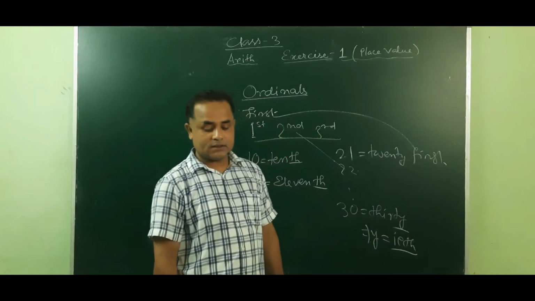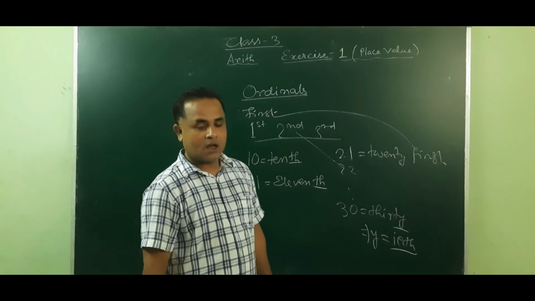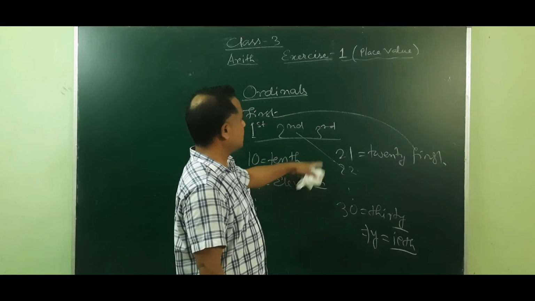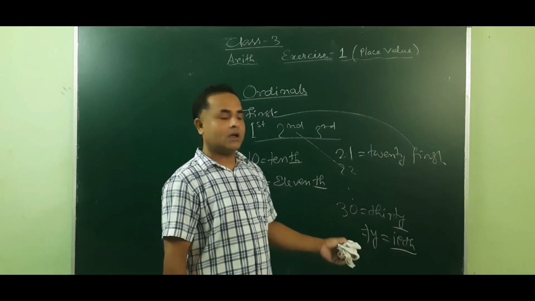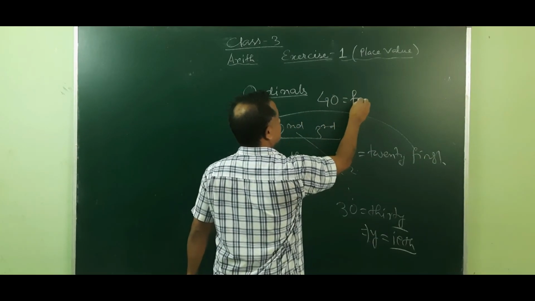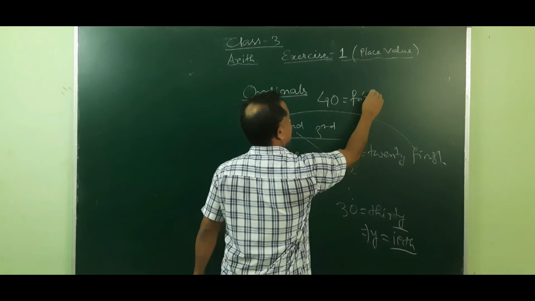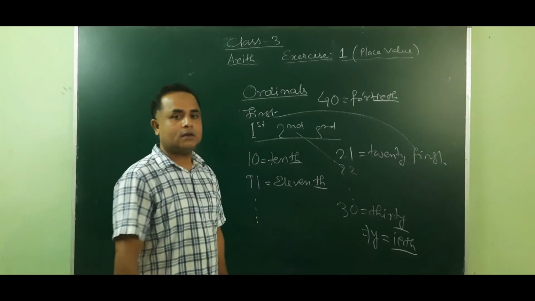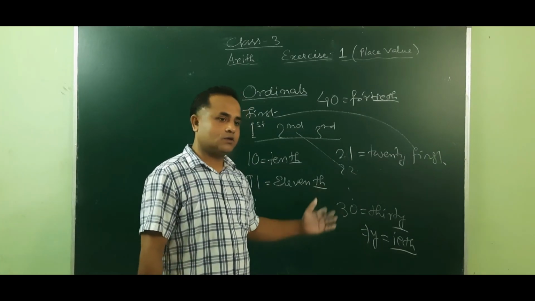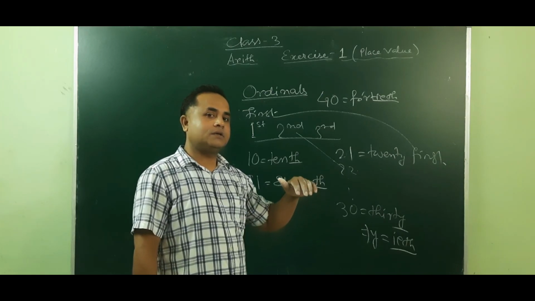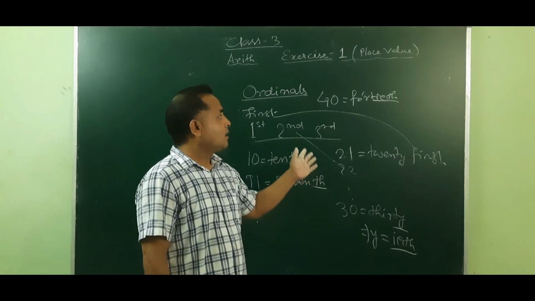Every y in the decimal form will be changed with IETH. Then we will go again normal to 31st, 32nd, 33rd, like that. And when we reach 40, again instead of y we will add IETH, like that it will go. 90 also, NINETIETH is 90, like that.